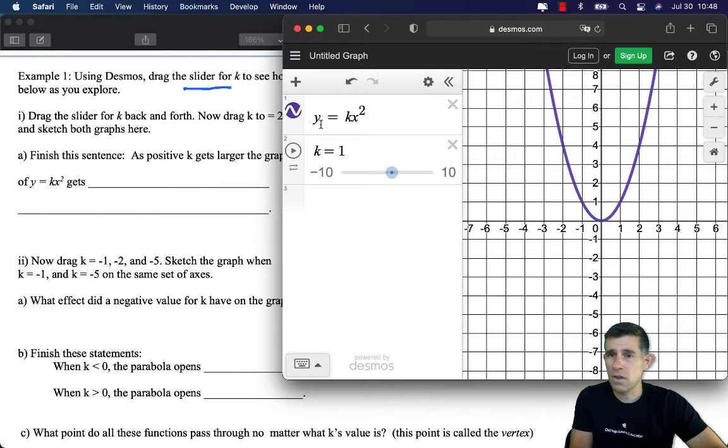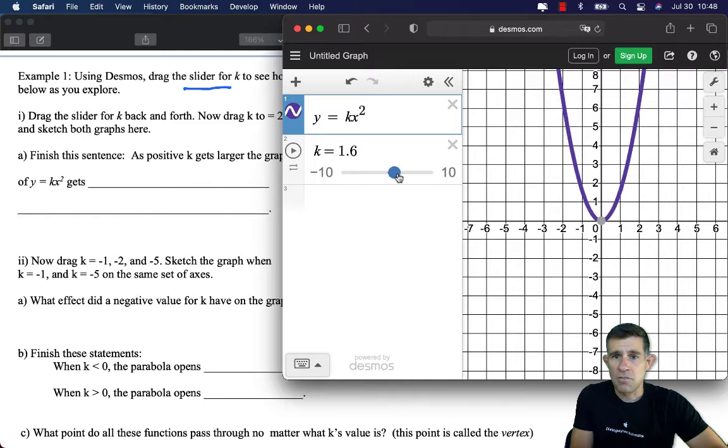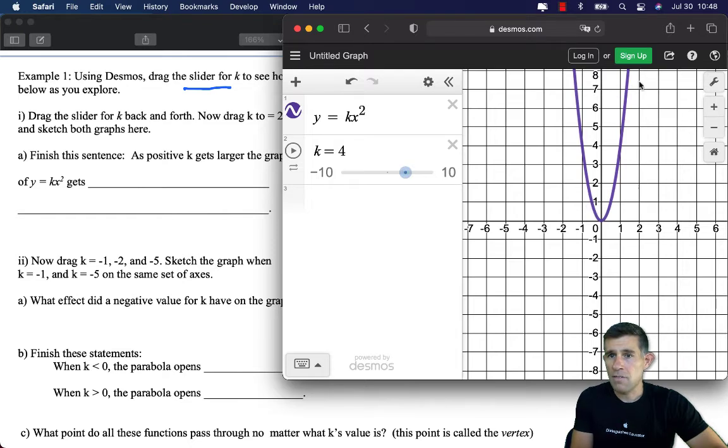So this is really just the graph of y equals 1x squared. You can see that it passes through the origin, and you can also see that it passes through the point (1, 1). Well, as we drag this slider further to the right, where we have positive and larger values of k, you can see that this graph, this parabola, is getting more narrow or skinnier. It's being pulled towards that y-axis.